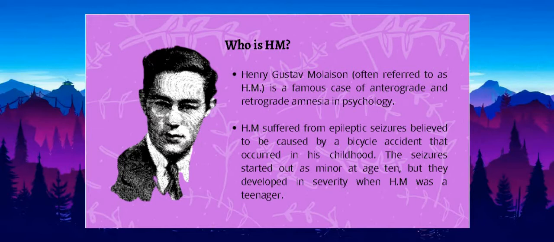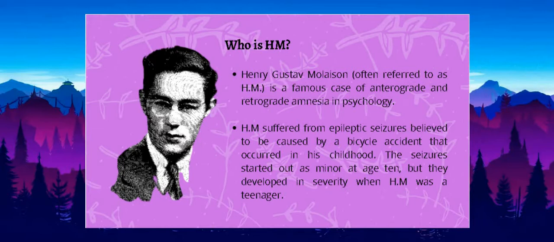The seizures started out minor at the age of 10, but developed in severity when HM was a teenager. HM is quite likely the most well-known single patient in neuroscience history. His profound memory impairment, caused by experimental neurosurgery to control seizures, was the topic of 5 decades of research until his death in December 2008.